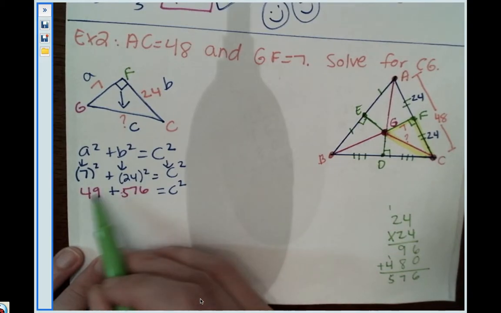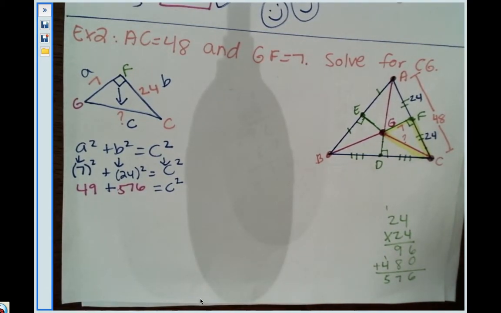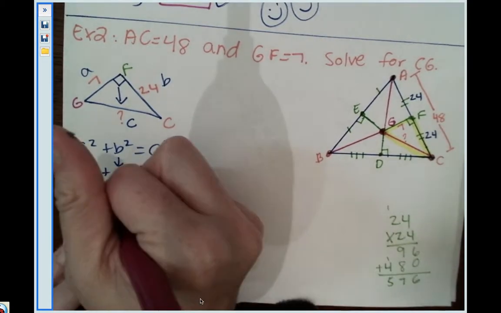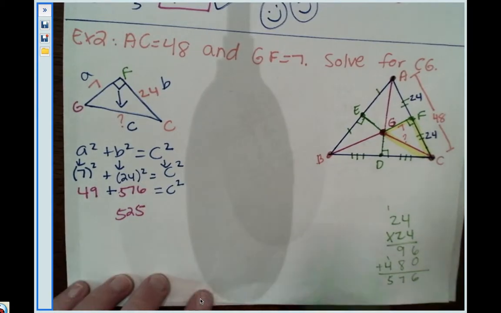And then 526 minus 1 is 525. So this is 525. Nice. Let me just double check, just in case. So that will be 76. Yes. Okay, 525 equals C squared.